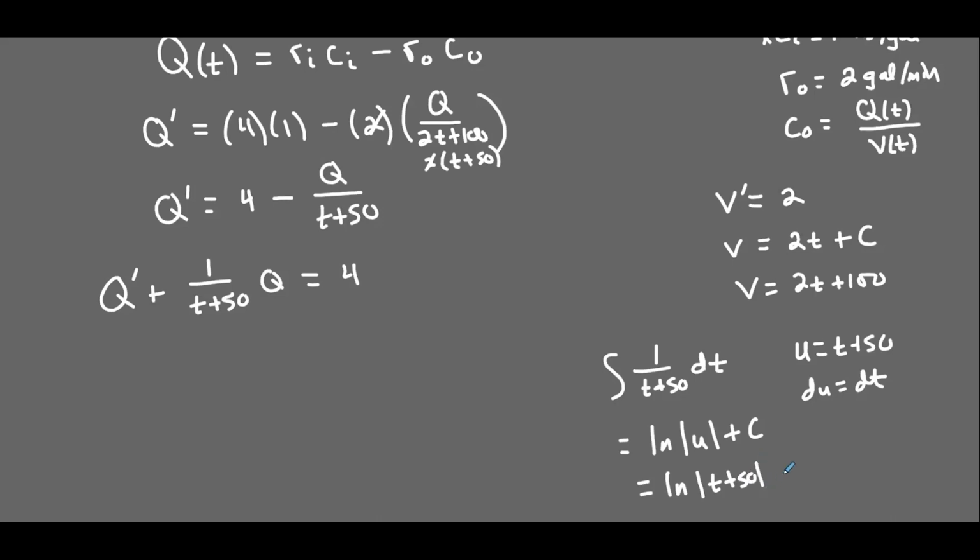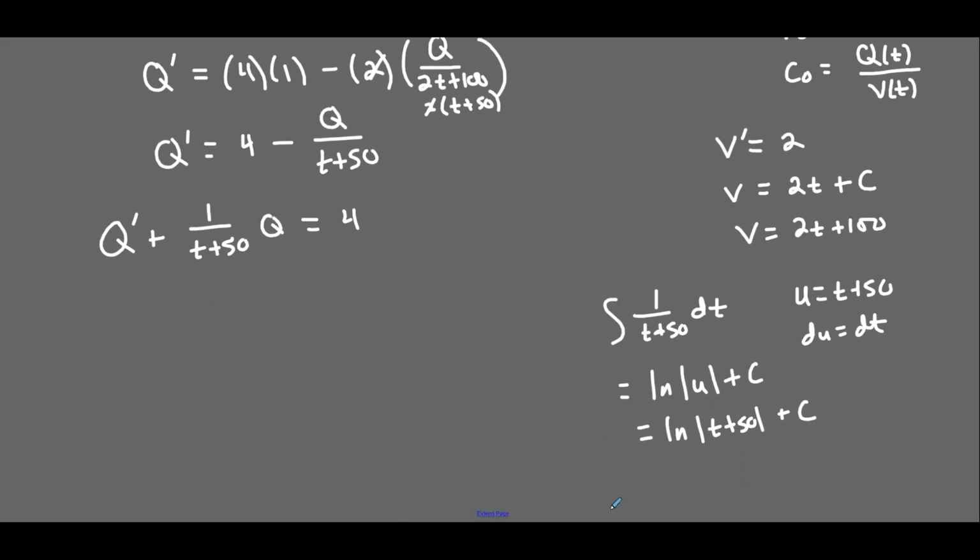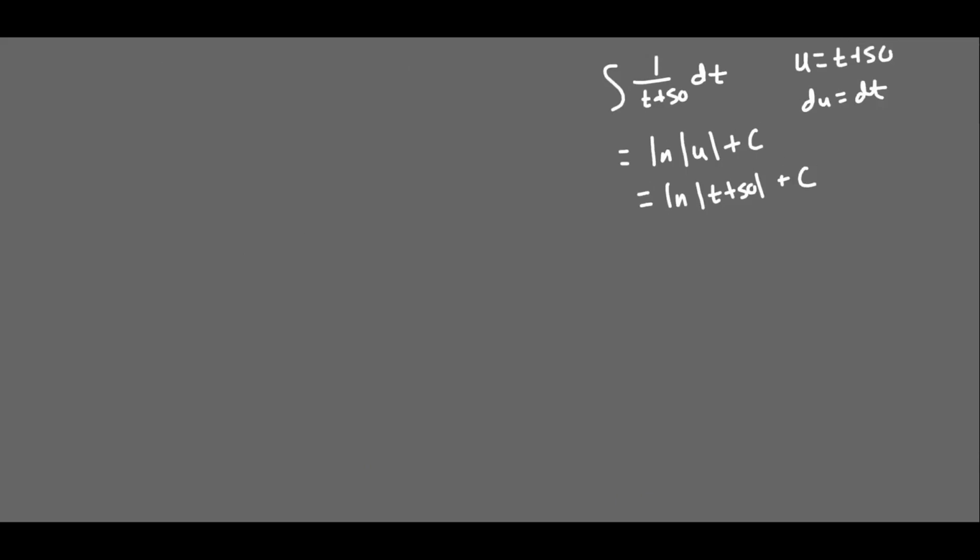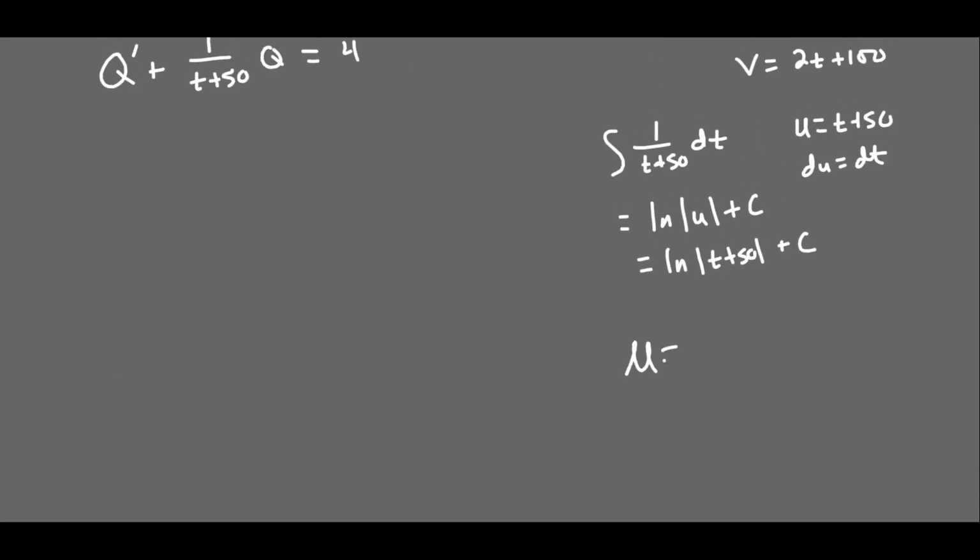Now for the integrating factor, I don't need the plus c. I just need one function that makes it work. And because time is going to be 0 and up, I can drop the absolute values here. So my integrating factor will become e to the natural log of T plus 50. And those cancel out, so you just get T plus 50.